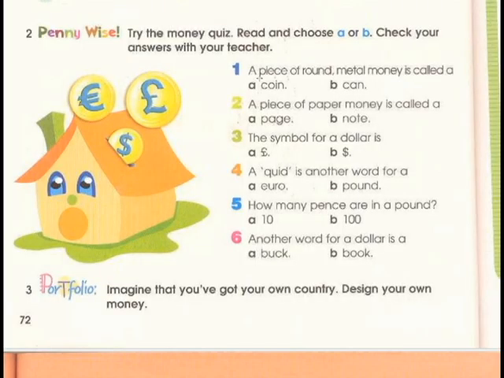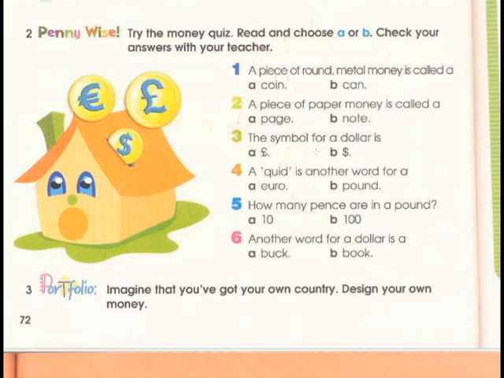Number 1. A piece of round metal money is called a coin. Number 2. A piece of paper money is called a note. Number 3.